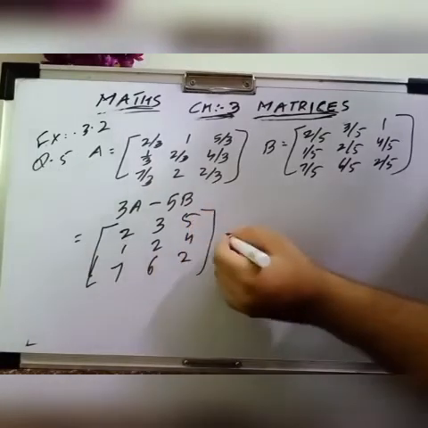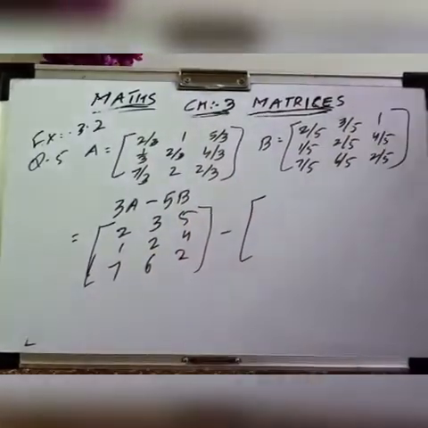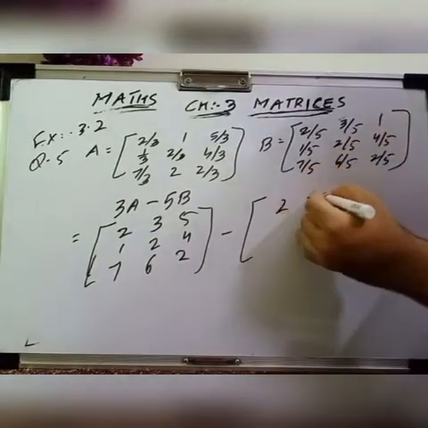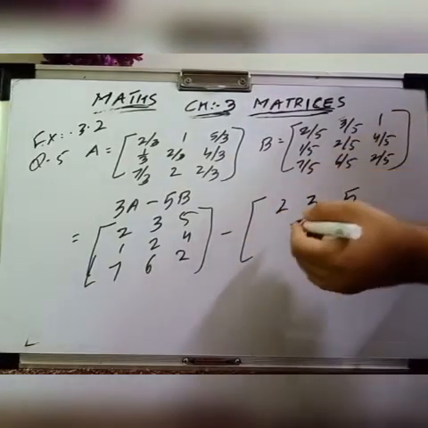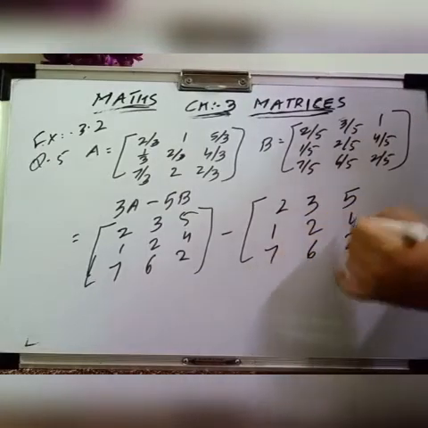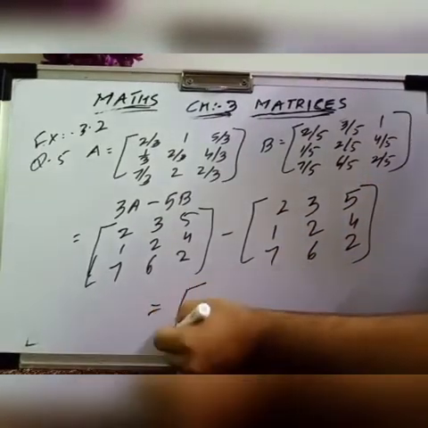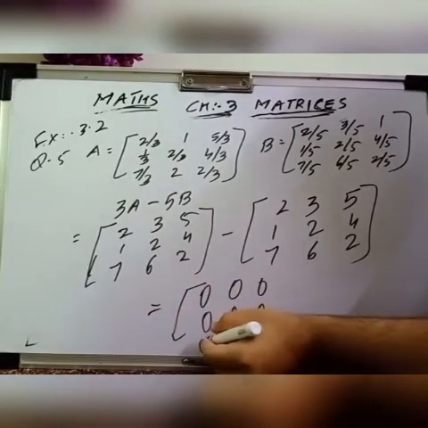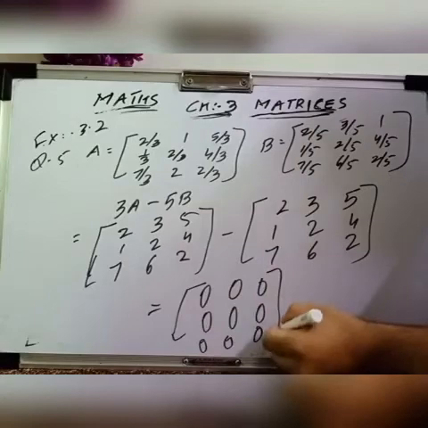Right. I have to multiply 5 with each and every element of b. You can see that the denominator of most of the elements is 5, so it will get cancelled. So answer will be 2 3, 5 ones are 5, 1 2 4 and 7 6 2. So if I subtract, then it will be 0 0 0 0 0 0 0 0 0. Right.